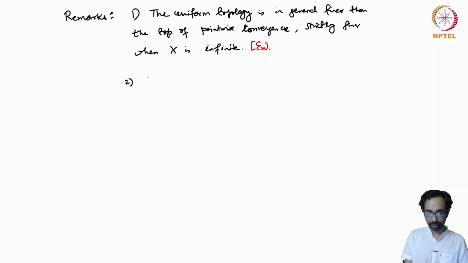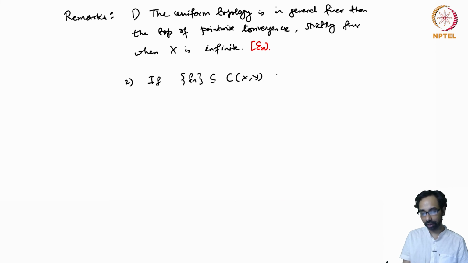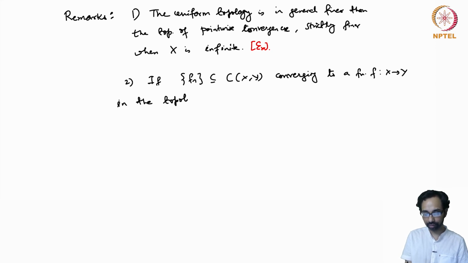The second remark is that if f_n is a sequence of continuous functions converging to a function f in the topology of pointwise convergence, then f may not be continuous.